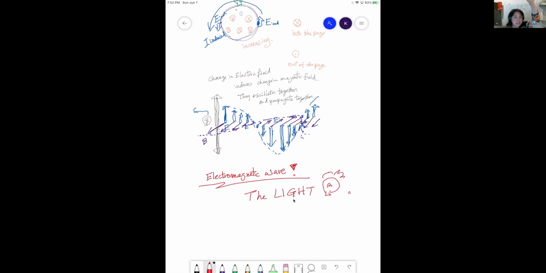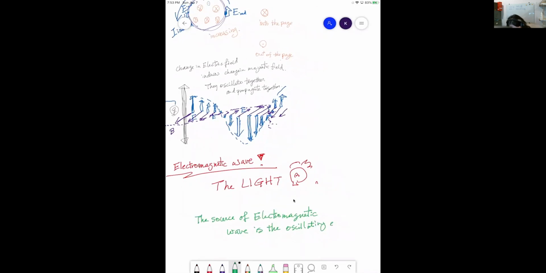So all this light is made of electromagnetic wave, and its source of electromagnetic wave is the oscillating, I guess it doesn't have to oscillate, but oscillating electric charge.